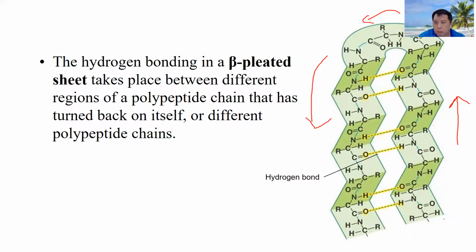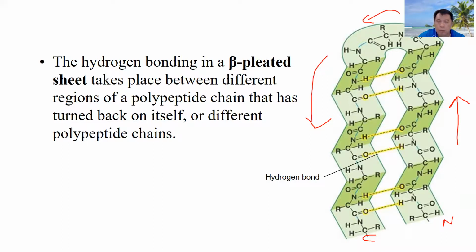Here is the N terminal, here is the C terminal. When they make a U-turn, they turn back on itself, so they run in parallel and they will form hydrogen bonds.